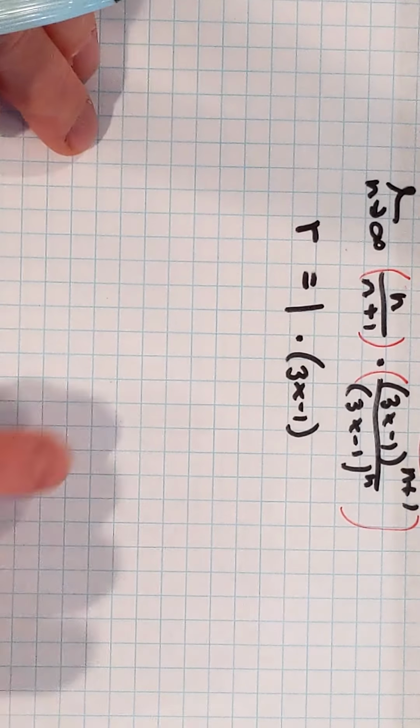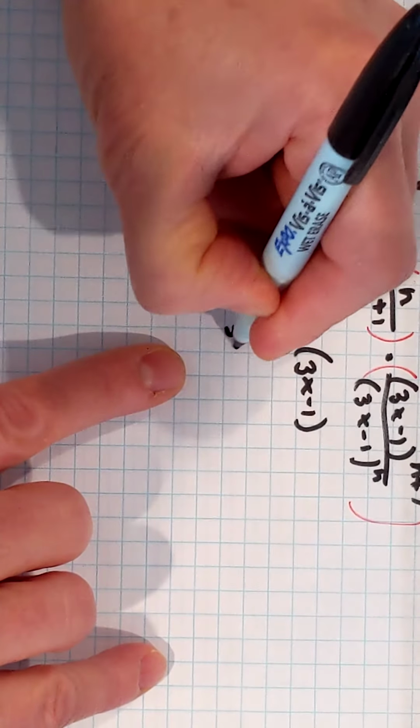So if I want to find out where this converges, I know it's got to converge when my R is between these two values. Add 1, multiply by 3, or divide by 3, okay, which gives me those two values.